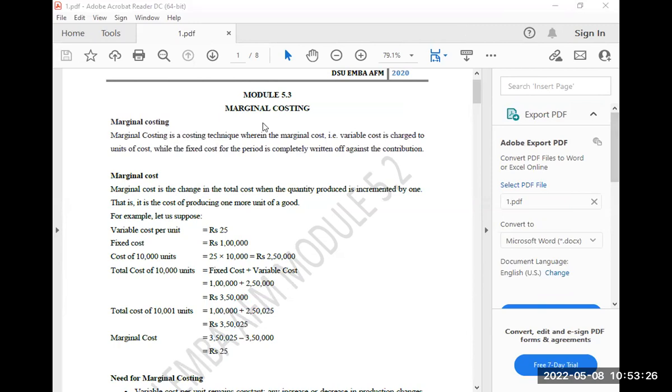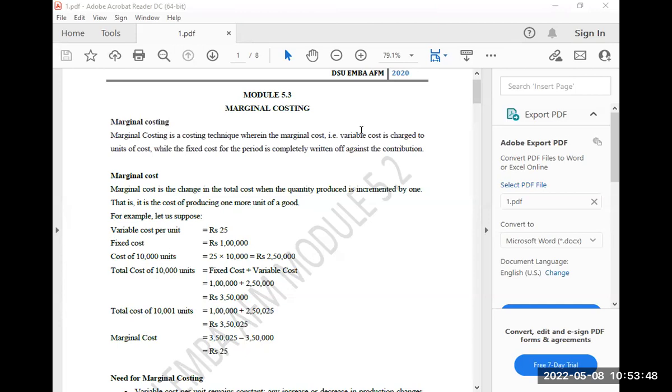Fixed cost is nothing but a cost which remains unchanged, constant, irrespective of the overall volume of production. 10 students are sitting here, 15 students are sitting here, the same rent is to be paid for the room. Take the same example for a factory.